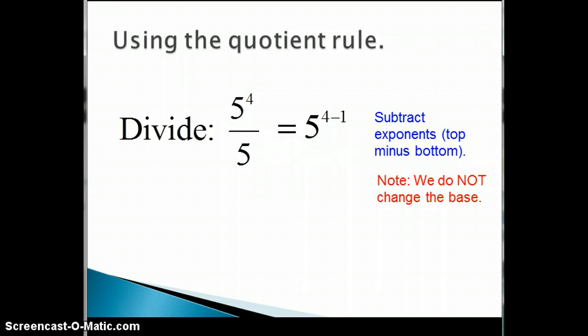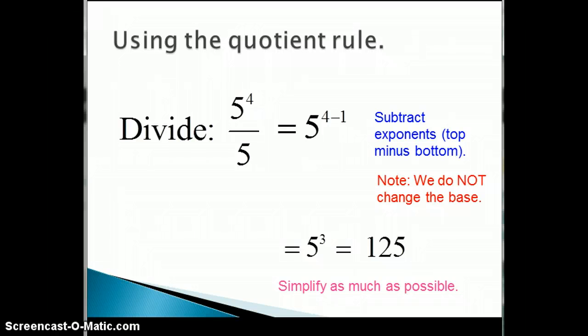And note that we do not change the base. So whether the base is a variable or a number, it doesn't matter. The base will stay the same, and we'll just simplify that to that single base and then subtract the exponents to get the exponent on that base. Then we simplify as much as possible, and this is where it will differ from the examples where the variable is the base, because we can't simplify as much.